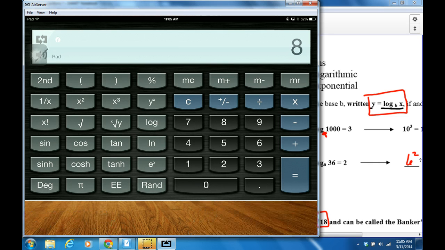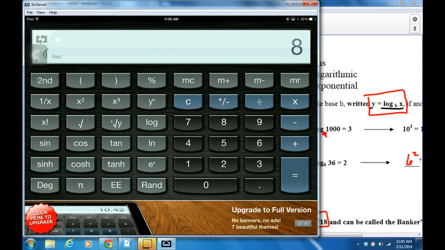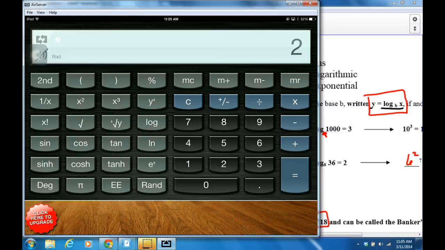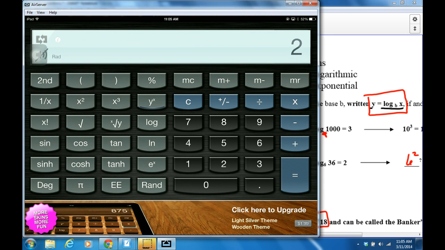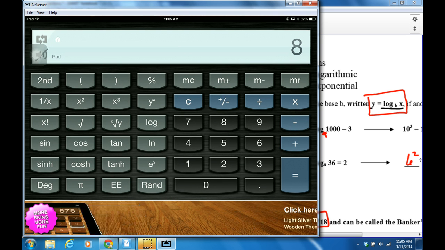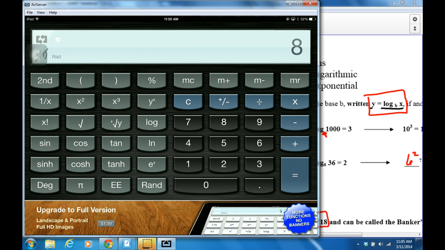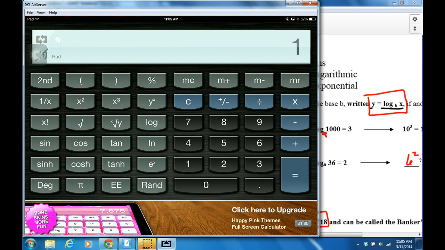Okay, so for instance, if I wanted to take 2 to the 3rd, I'm going to use exponents. I'll put 2 first, then y to the x, then 3. And if I hit enter, you'll notice it's 8. Okay? If I wanted to find the log of 10, I'd put 10 and then hit log. Notice it's 1.